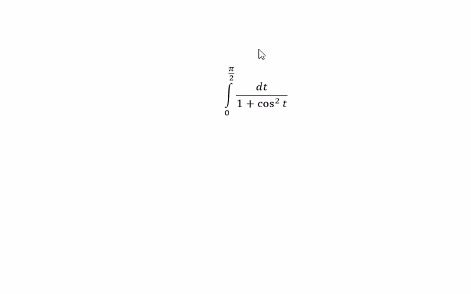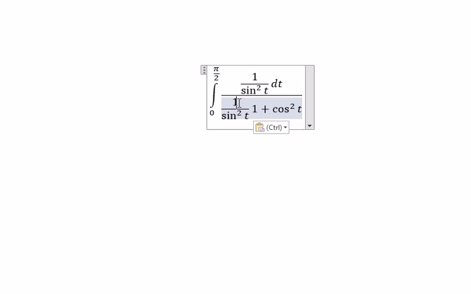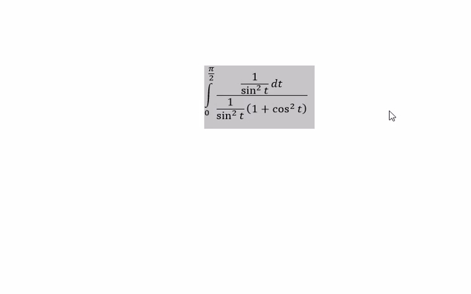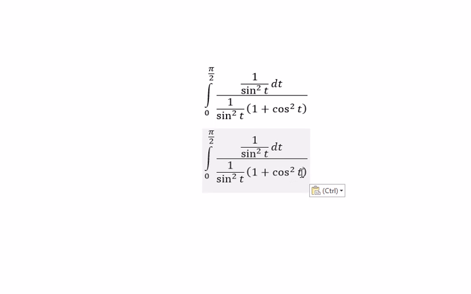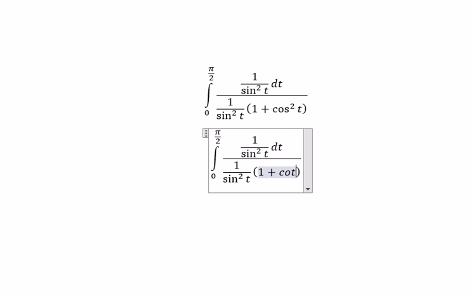So I will concentrate on this one. We will multiply with 1 over sine t squared on numerator and denominator. This one you got cosine t squared.